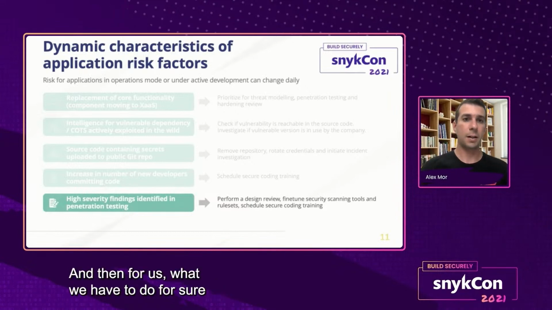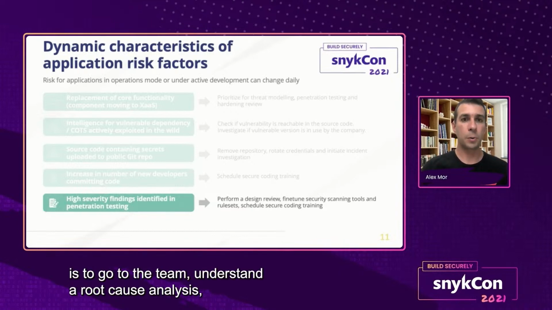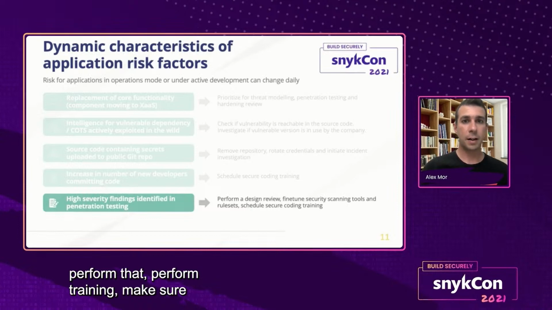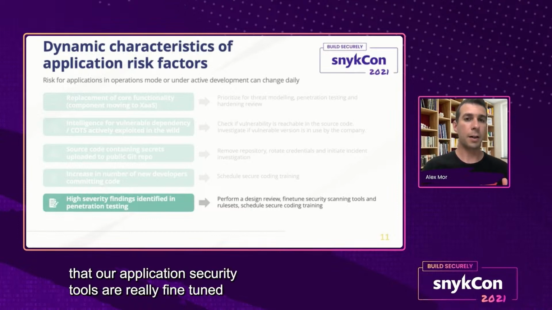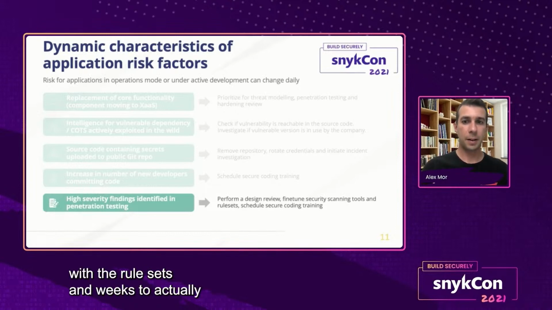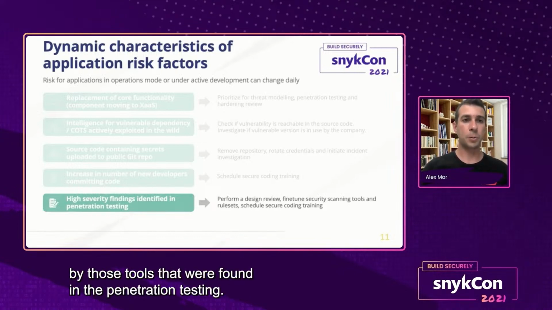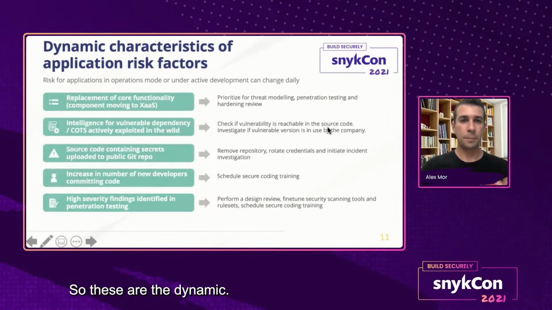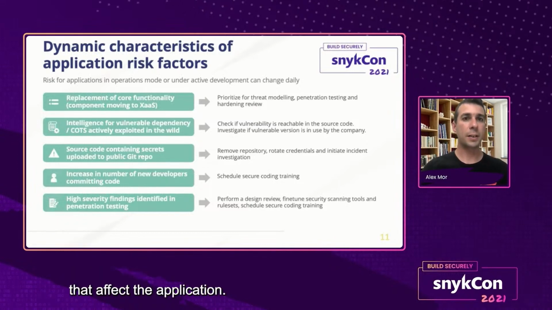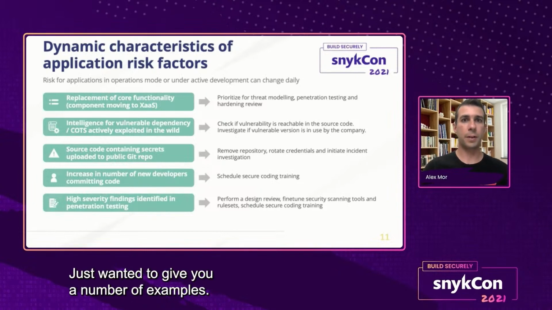Then what we have to do is go to the team, perform root cause analysis, perform training, and make sure that our application security tools are fine-tuned with rule sets and tweaks to actually detect some of the things that were found in the penetration testing. So these are the dynamic changes, and for sure there are more characteristics that affect the application. I just wanted to give you a number of examples.